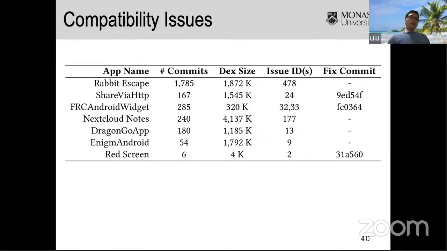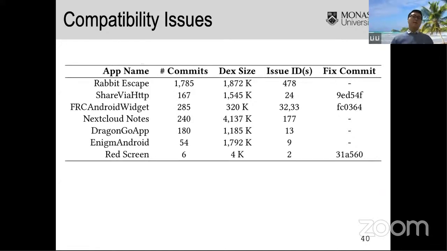After we implemented these tools, we conducted extensive experiments to evaluate their effectiveness. We also analyzed some of the top open source Android apps. If we identified compatibility issues, we submitted those issues as problems to those open source projects.